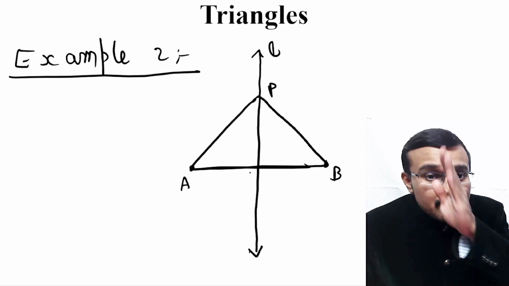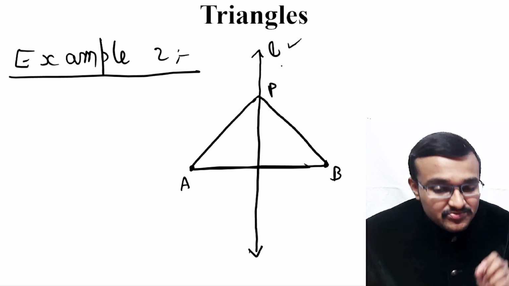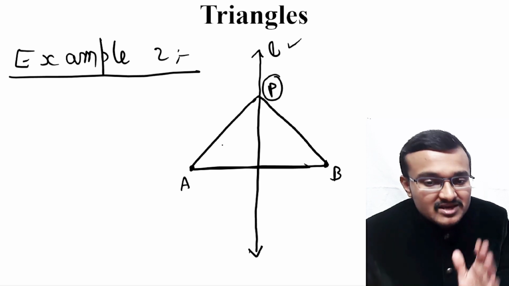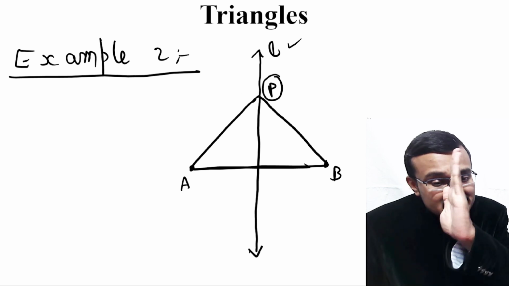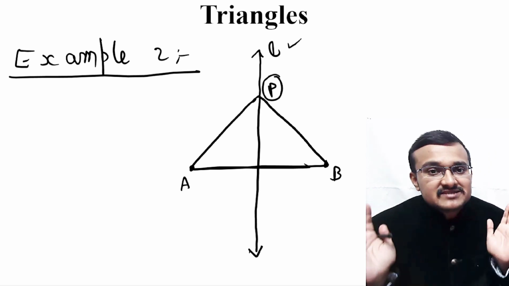This line is perpendicularly bisected by L and it is also passing through the point P. So L is passing through P and it is perpendicularly bisecting AB.